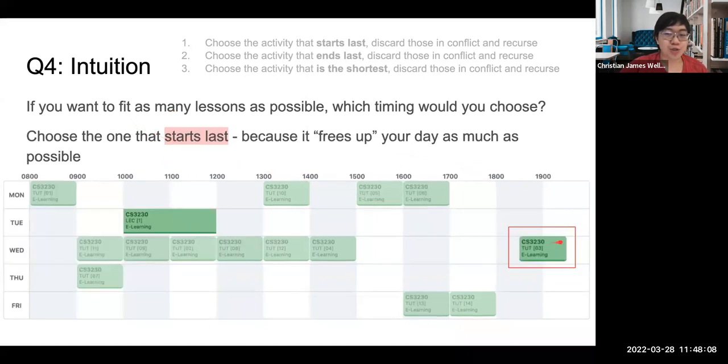Intuitively, or at least I feel, though some may not think it's intuitive, what you want to do is choose the one that starts last. The intuition is that it frees up the day as much as possible.